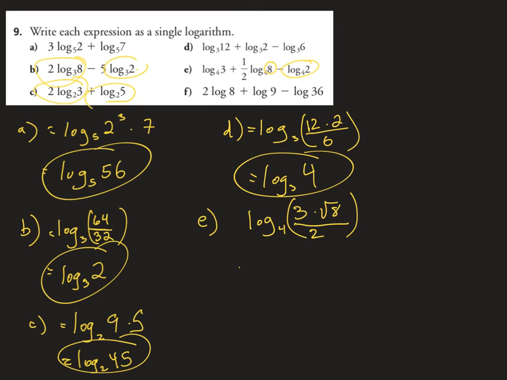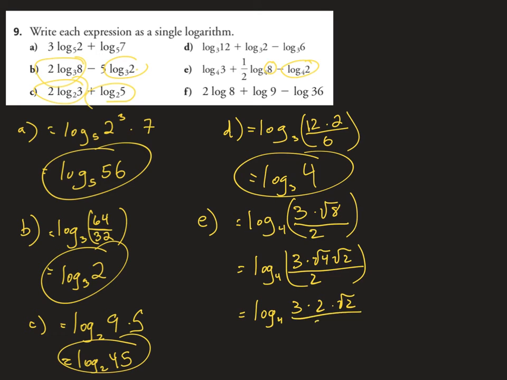Now root 8 can also be written as root 4 times root 2, which is 2 root 2, over 2, and these guys cancel. And so this is equal to log base 4 of 3 root 2.